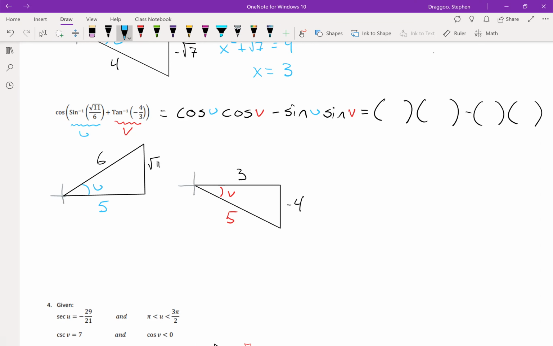So from the u angle, which is in blue, I first want the cosine of u in slot number 1, and the cosine of that should be 5 over 6. And the sine of u goes in that third slot, right here, and our sine is root 11 over 6.